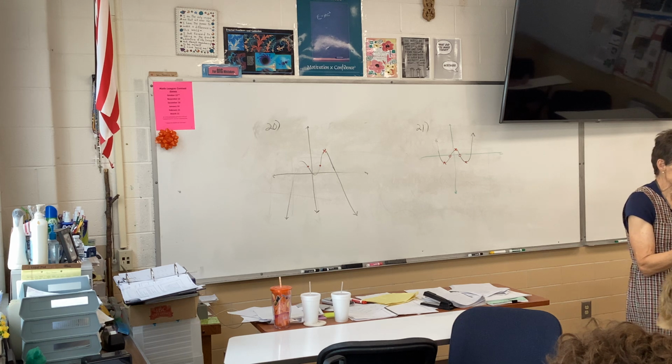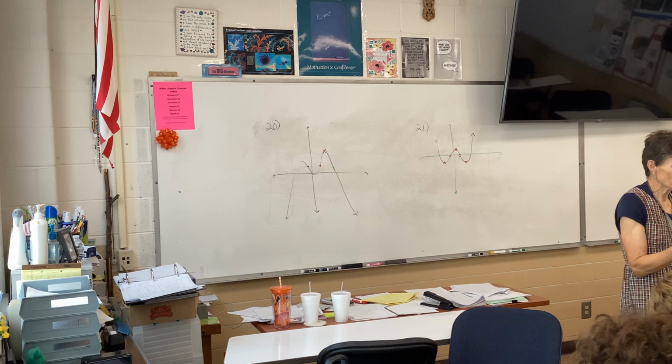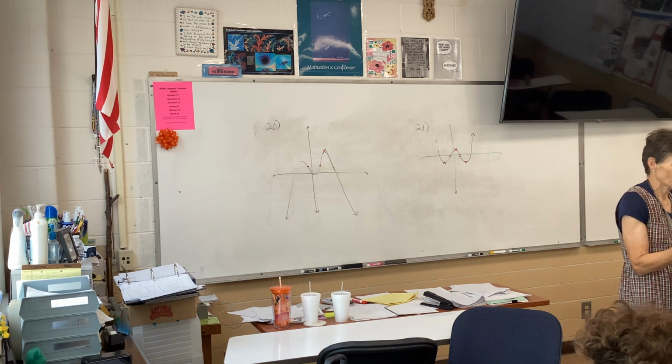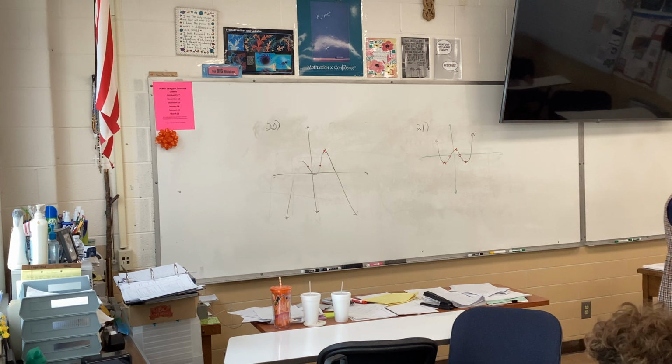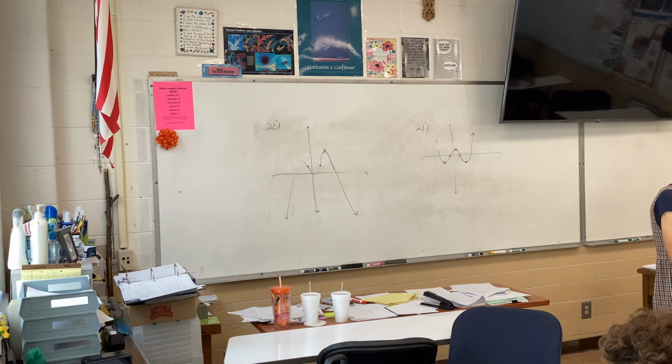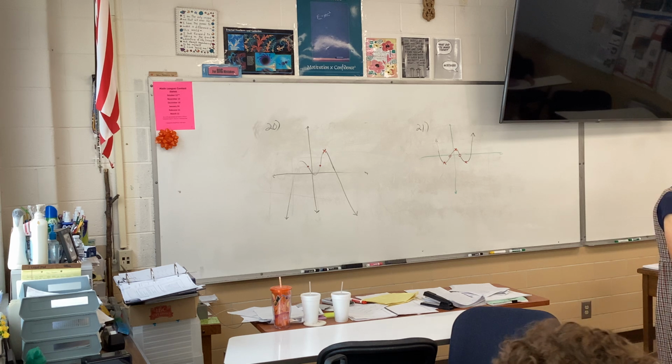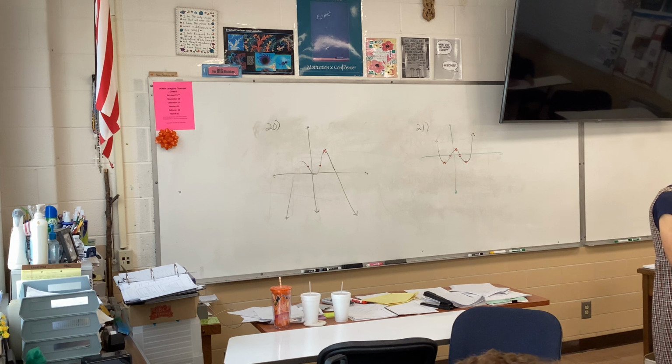15 says, I have something that has all these zeros. What is the least possible degree of the polynomial? I heard 4 and I heard a 6. Anybody else want to take a stab at it?